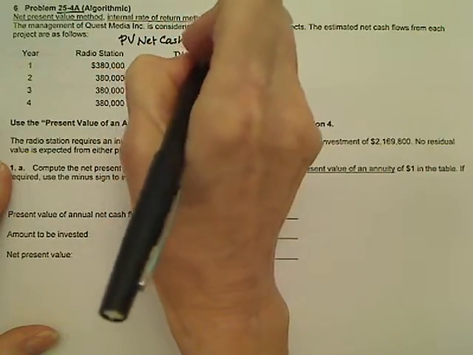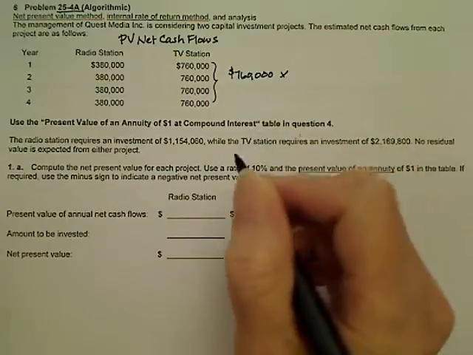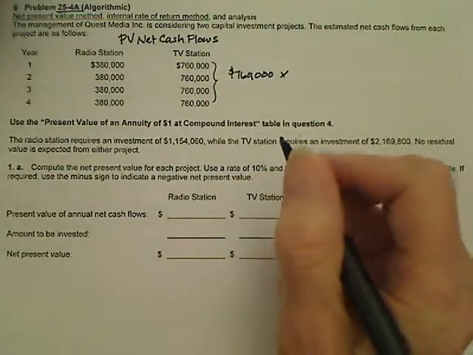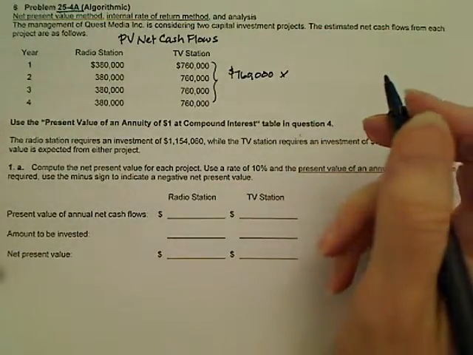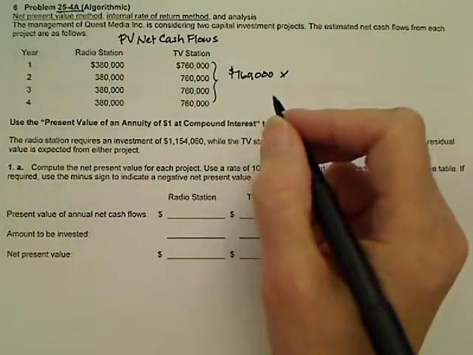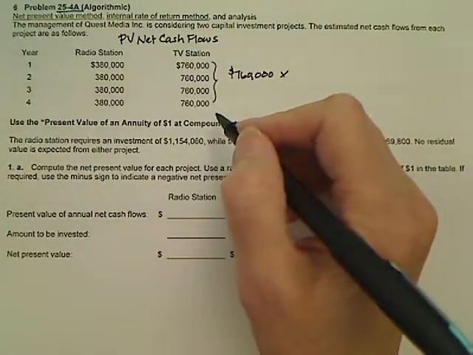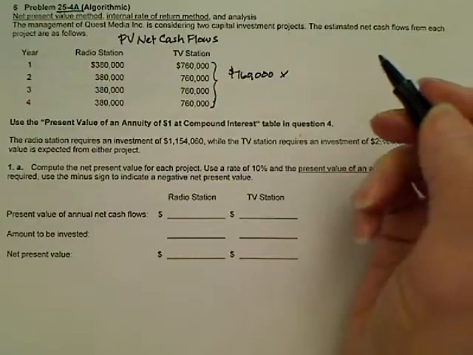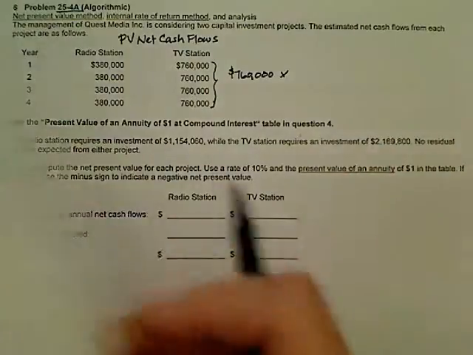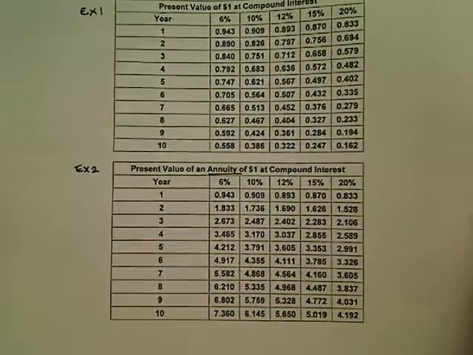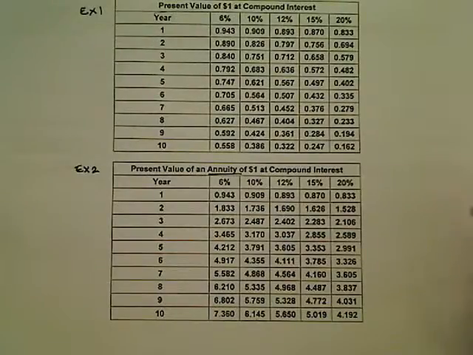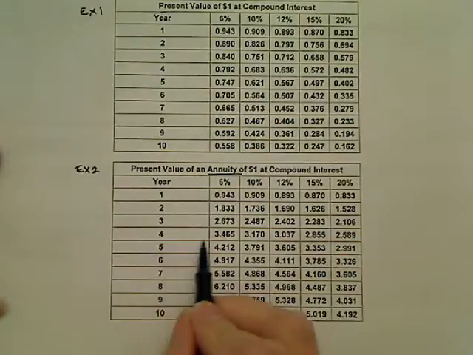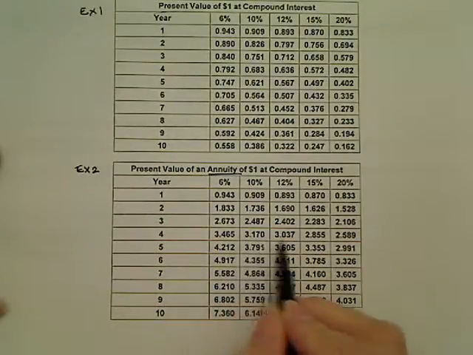Net cash flow, being differential revenue less differential expenses, is the net amount. Each is 4 years. These are an annuity, the same amount each year, annual amounts. So we have 4 years, and we need to know the interest rate.